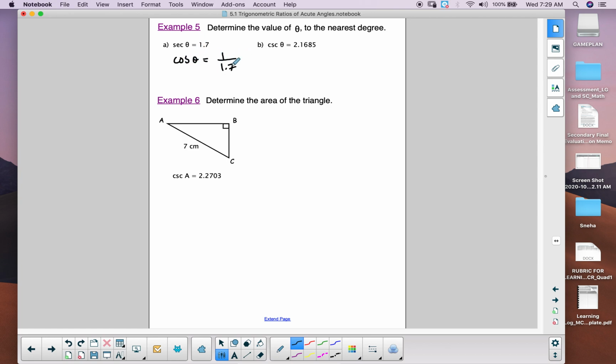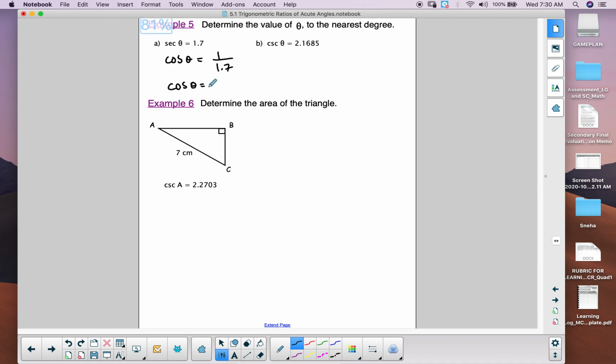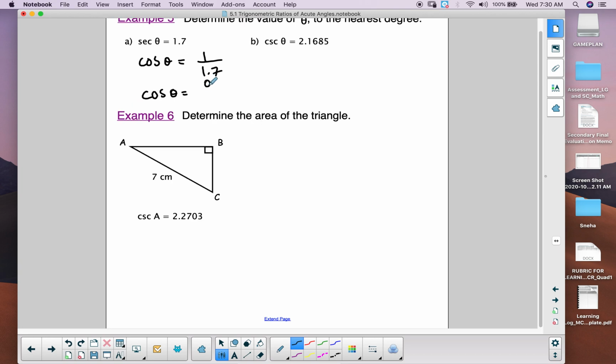So if I do cos of theta, every time you find a trig ratio, you take it to 4 decimal places. So on my calculator, 1 divided by 1.7 is 0.5882.